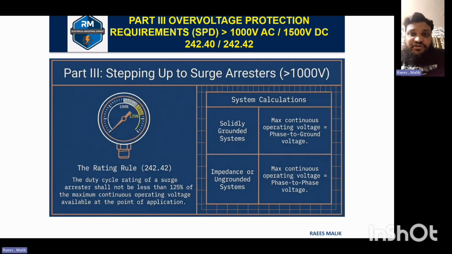For a solidly grounded system, the maximum continuous operating voltage is equal to the phase to ground voltage of the system. And for an impedance grounded or ungrounded system, the maximum continuous operating voltage shall be equal to the phase voltage of that system.